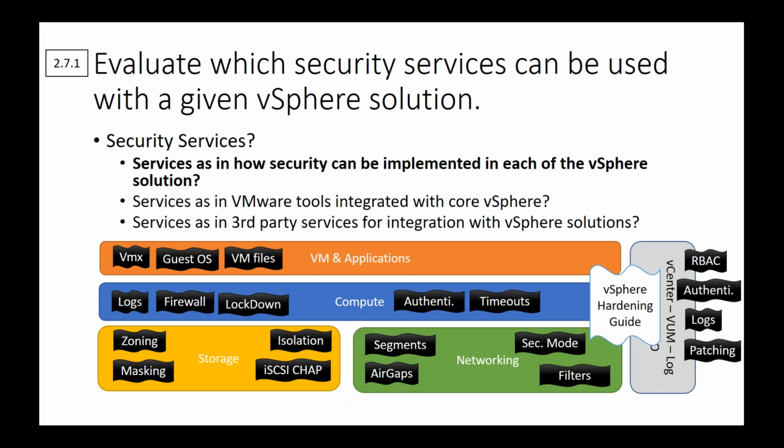Some of these guidelines in the hardening guide include configuration of VM advanced settings for limiting access to copy-paste procedures, console access or log access, and firewall management for hosts, network settings, isolation, and network segmentation. The only thing that the security guide does not include is specific storage configuration, but they are included under the ESXi hardening guidelines. So, for instance, masking zones and creating CHAP secrets for iSCSI.